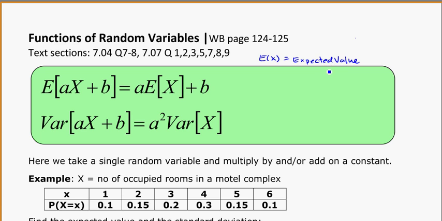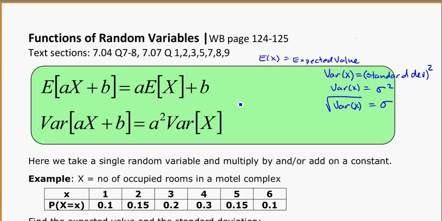A couple things I just want to remind you real quick. The variance of a random variable is equal to the standard deviation squared. So the variance of X is equal to the standard deviation squared, which also relates us back to the idea that the square root of the variance is equal to the standard deviation.